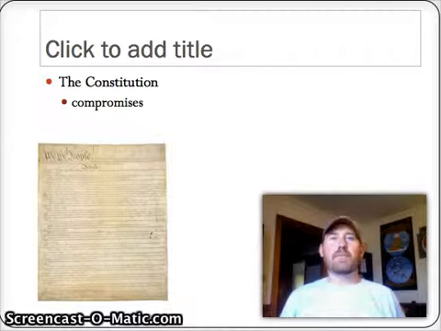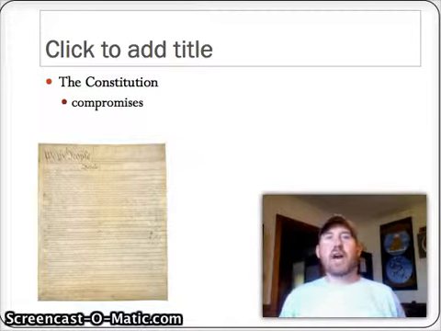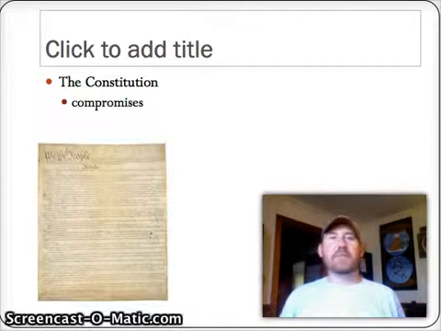The first of which is going to be the Grand Compromise, which was basically between large states and small states, and it has to do with how the states were going to be represented in Congress. The large states wanted the number of representatives to be based on the population. Small states wanted it to be based equally, a certain number that is equal for each state.